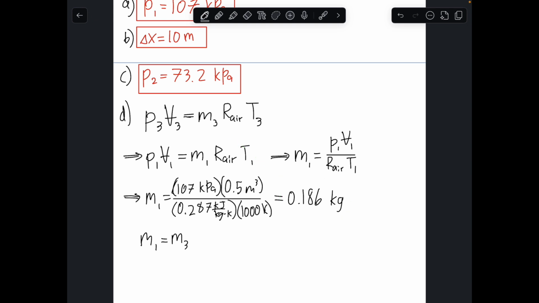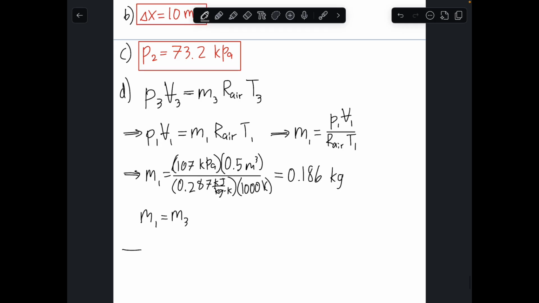So now we can just rearrange this equation and solve for P3, which is what the problem is asking us to do. So I will do that here. P3 is going to be equal to M3 times R of air times T3, all divided by V3.